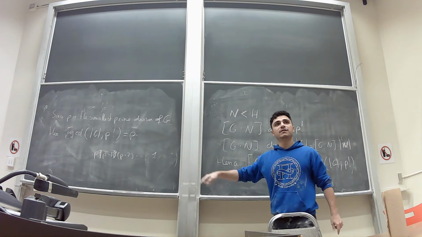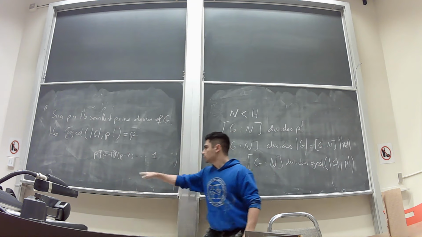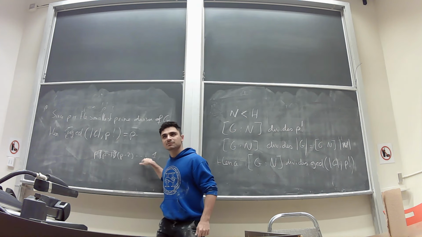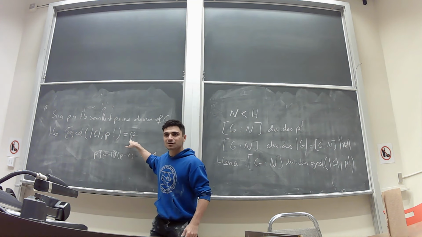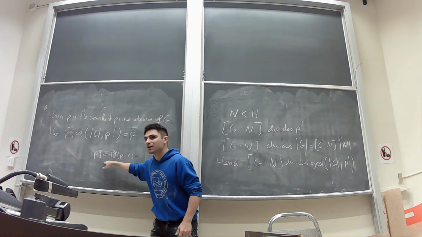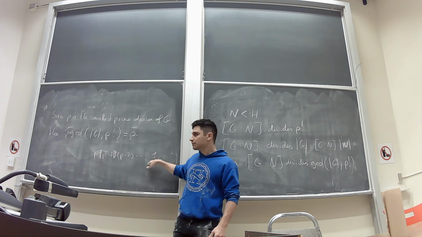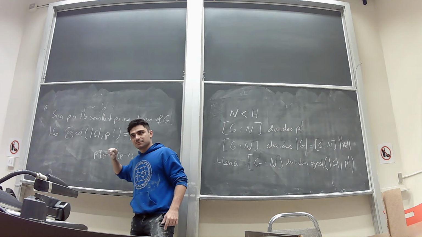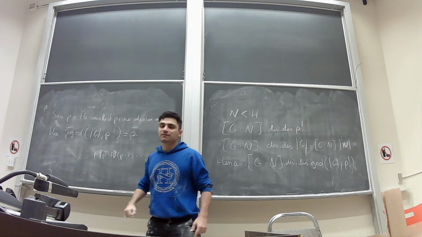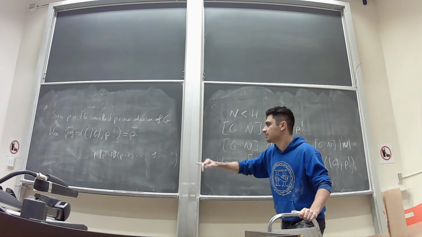If Q is a prime divisor of P factorial, then Q must divide one of these. Now, P is the smallest prime divisor, so none of the prime factors of P factorial is a prime factor of G.